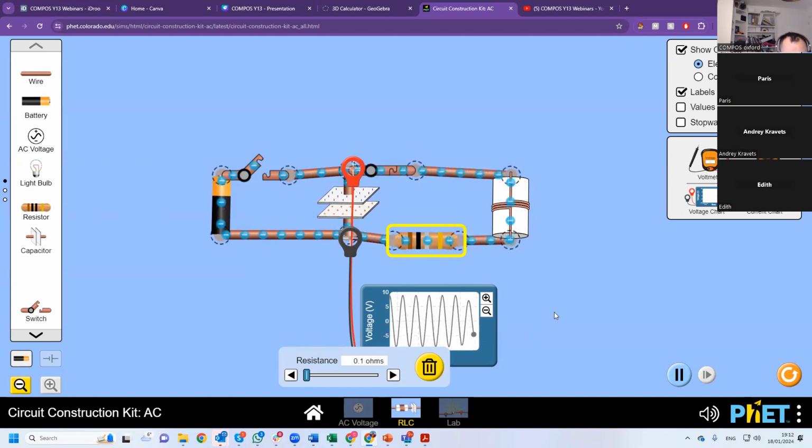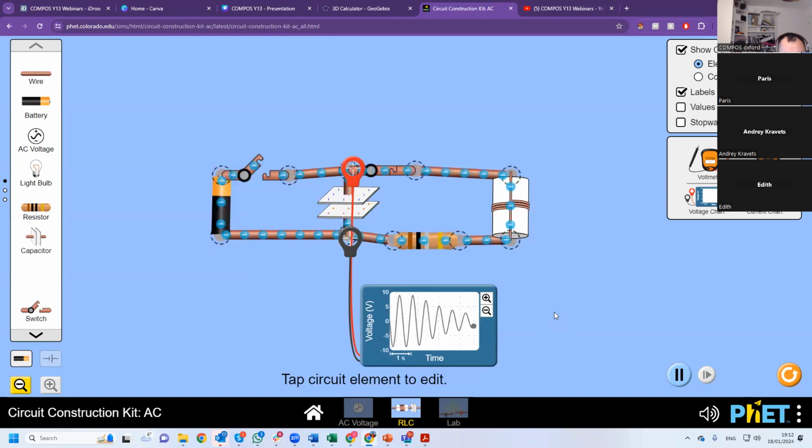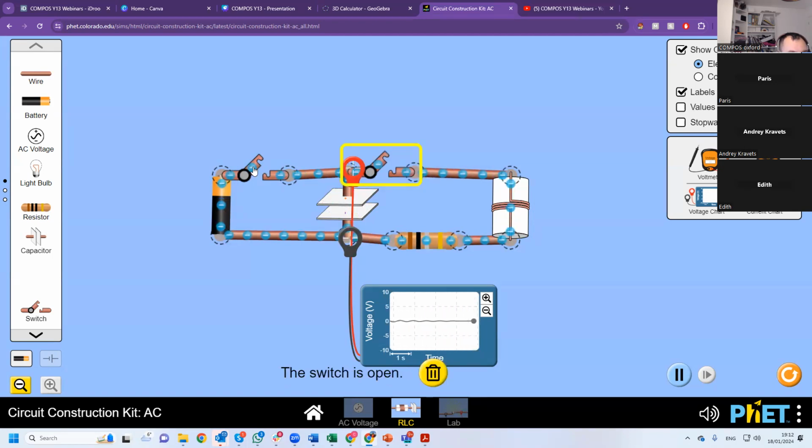Now I just make it 0.1. You can see that. Okay, so let's disconnect. Charge the capacitor again. This is the charge and hence the voltage on the capacitor. So it goes like this.